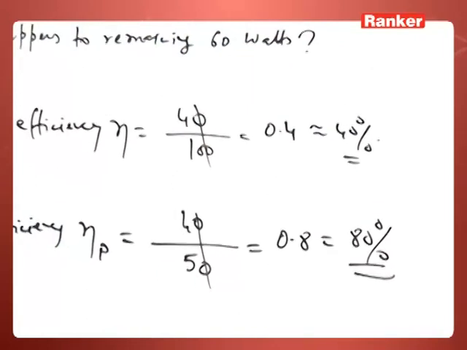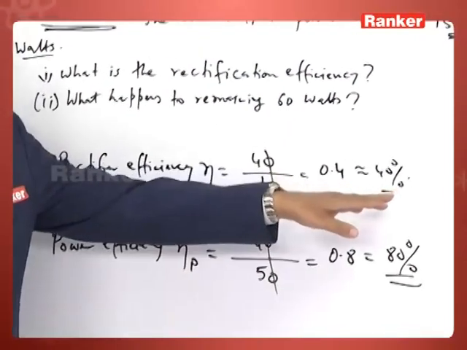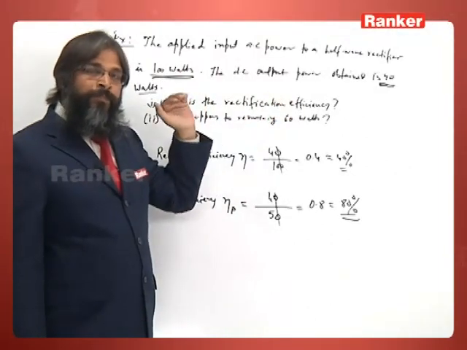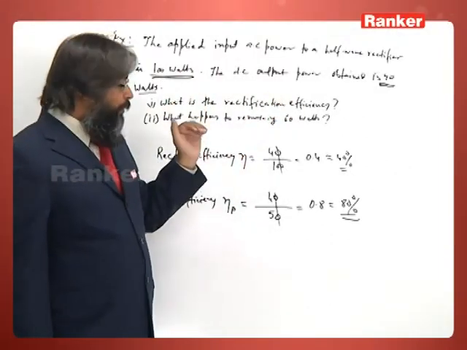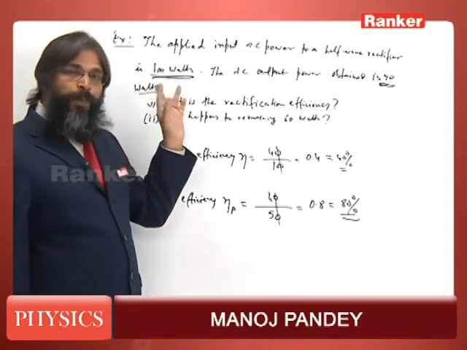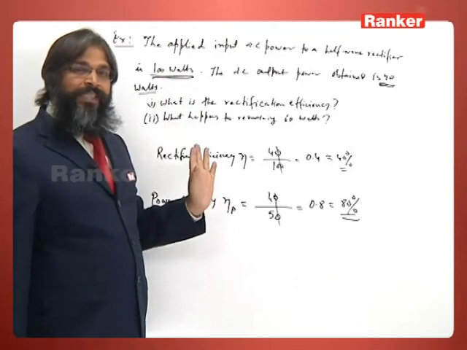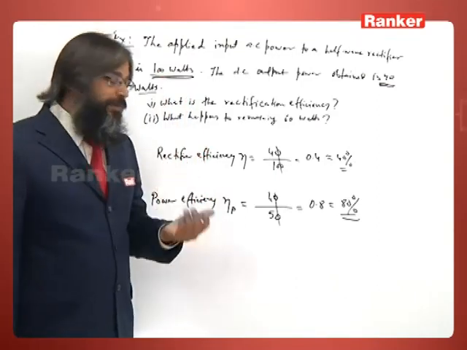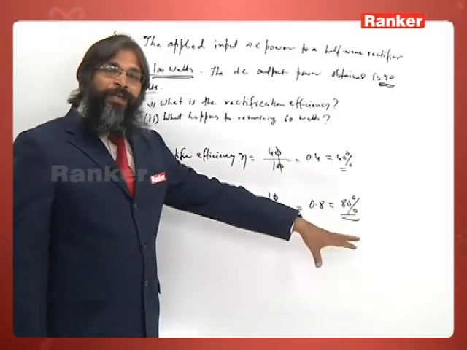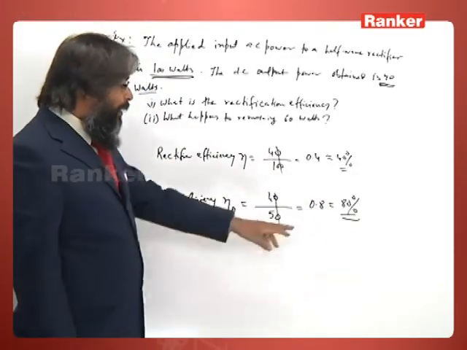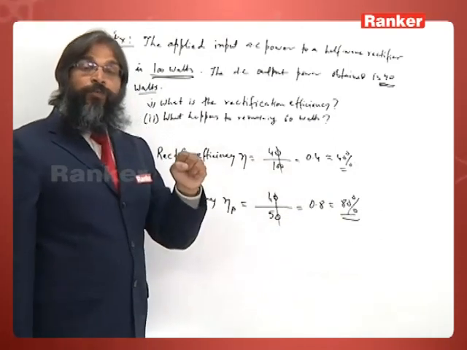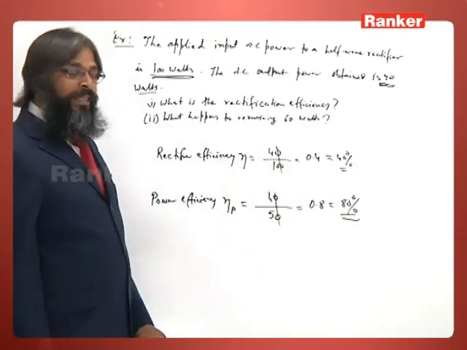So important point, it seems that we are getting only 40% or 40.6% in half wave rectification, but we should be cautious that we are not using all the input power, we are using only 50% of it. So how much can we actually say is wasted? Simply 20% we are not able to use up, we are using 80% of the energy which we are consuming in rectification.